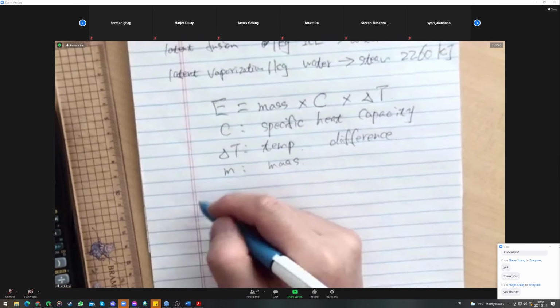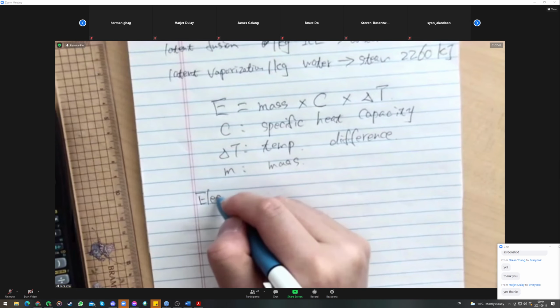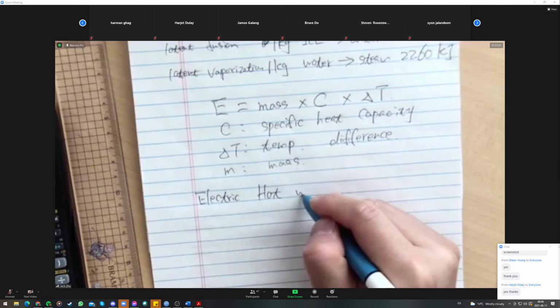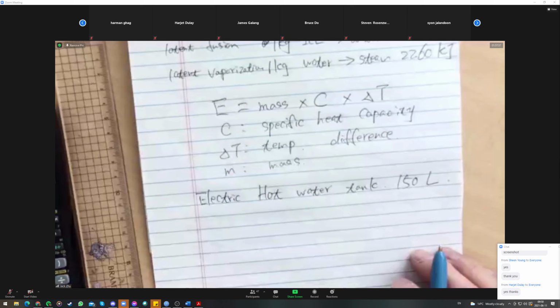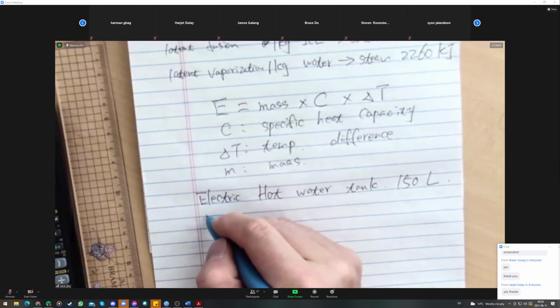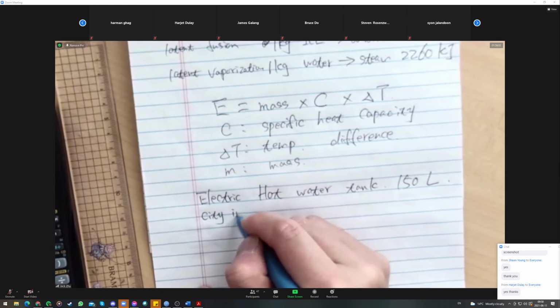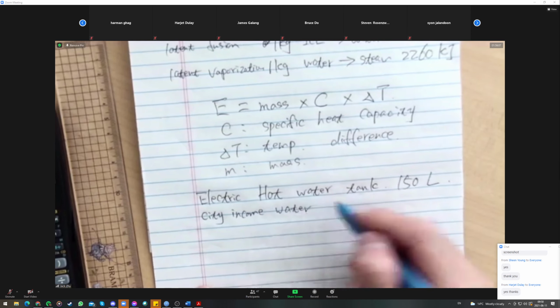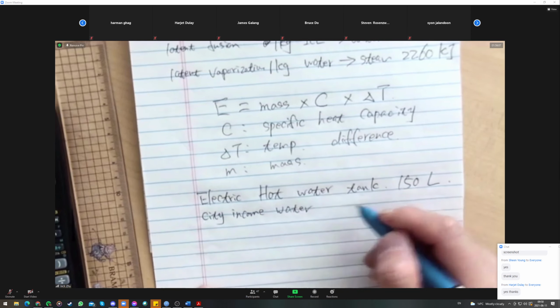Let's say you have an electrical hot water tank. It's a 150-liter tank, and the city's incoming water is at 15 degrees Celsius, and you need to heat the water.